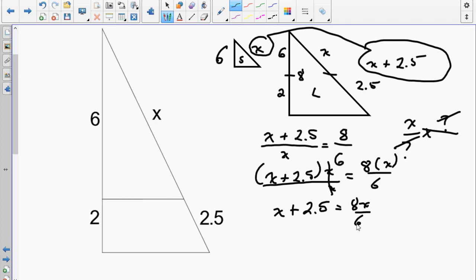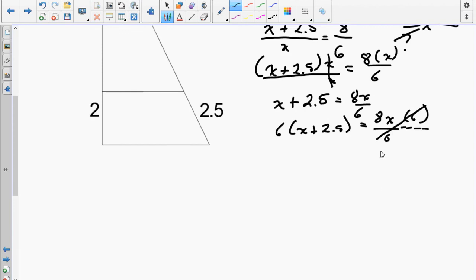I'm going to have to get rid of this fraction the way we got rid of fractions before. And to do that, I've got to multiply both sides by 6. So I now have 6 onto x plus 2.5. And that's equal to 8x over 6 times 6, right? Now, these cancel, and on my right-hand side, I just have 8x.